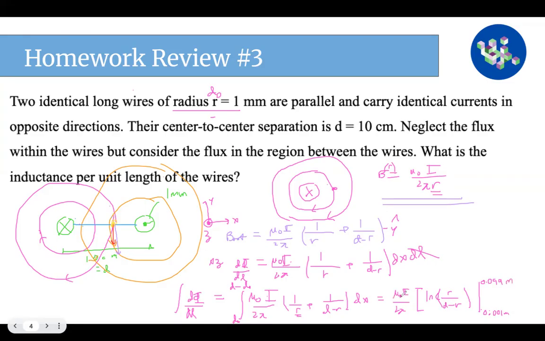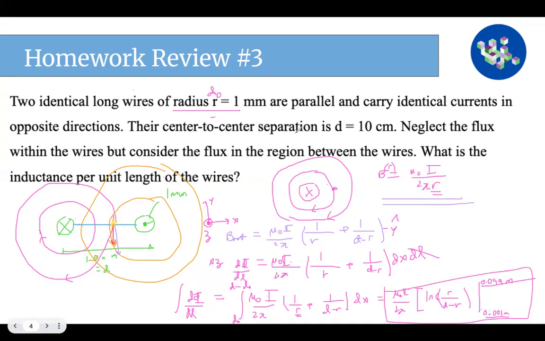And then you plug in what you know for mu 0 and 2 pi, that's just constants. Also, we assume we're given the current through each wire, and then you can just plug in 0.099 meters and 0.001 meters, and overall, that'll be your answer to the problem. That's the flux per unit length of the wire in the region between the wires.